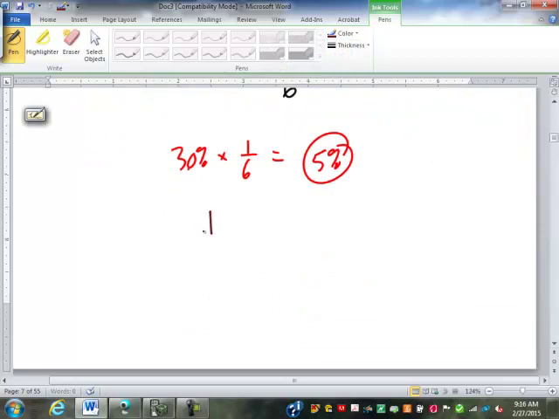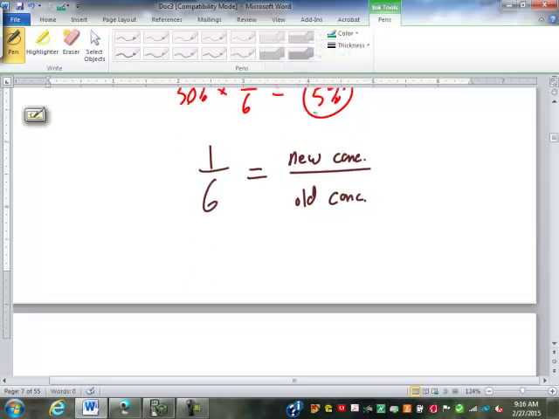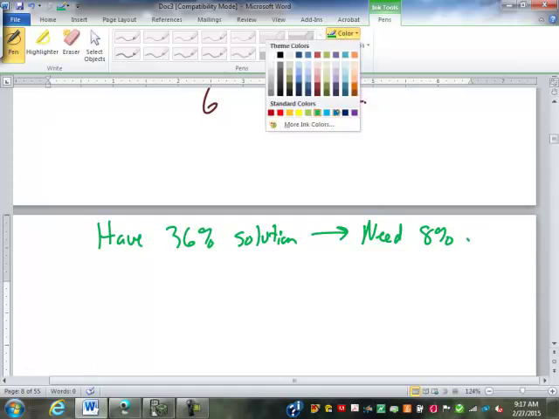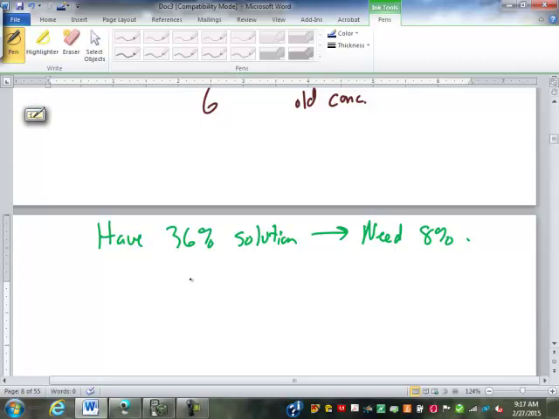Another way to look at it is the dilution ratio is equal to the new concentration over the old concentration. So if we have a 36% solution and we need an 8% solution to find the dilution necessary, well, which one is going to be the new percent? 8.